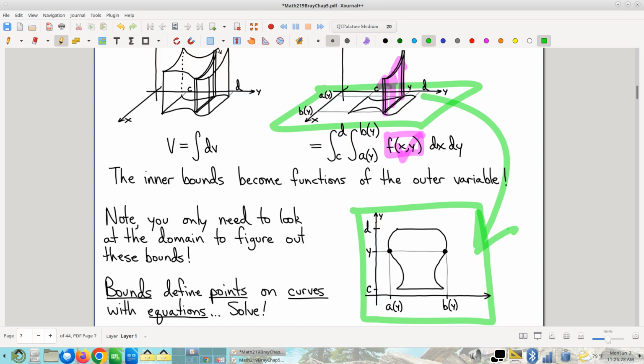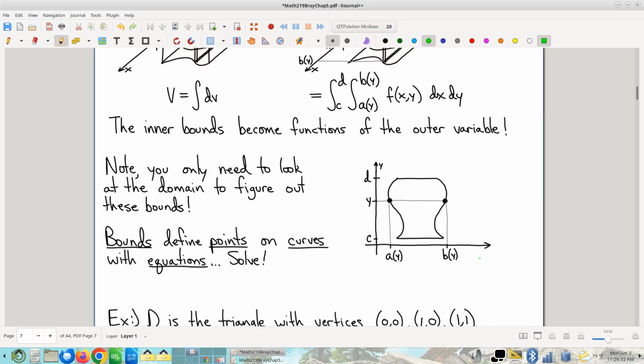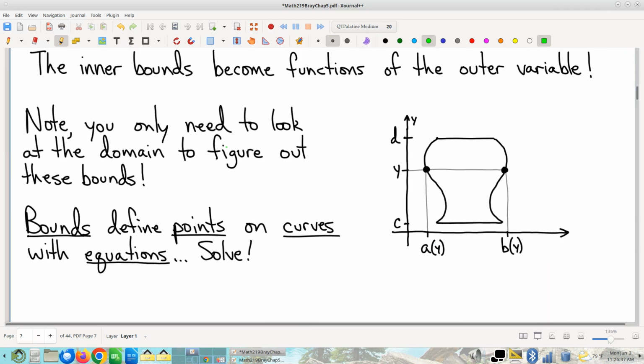So I want to go through that little argument again now. It's the same exact argument, but in the context of this now three-dimensional picture. For a given value of y, that y identifies a certain point that's going to give me my lower bound. That point has an x coordinate that tells you how that x lower bound is a function of y.